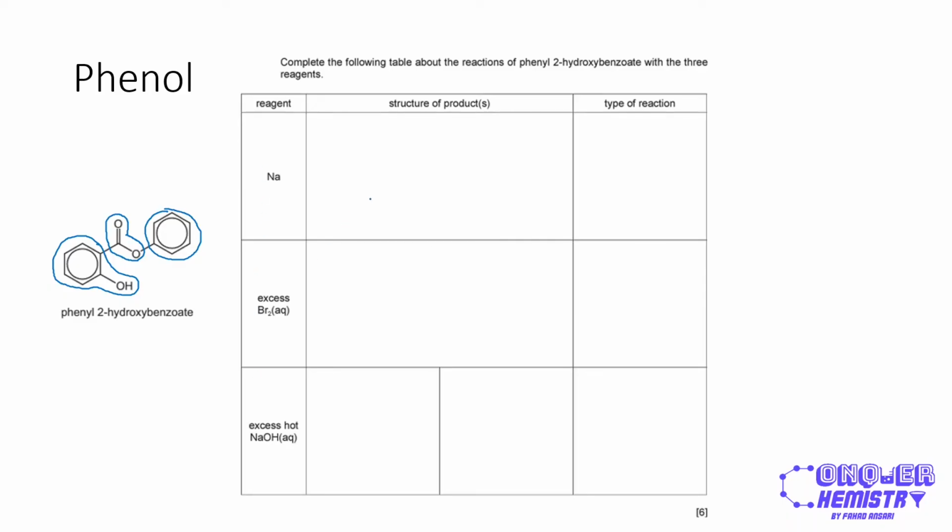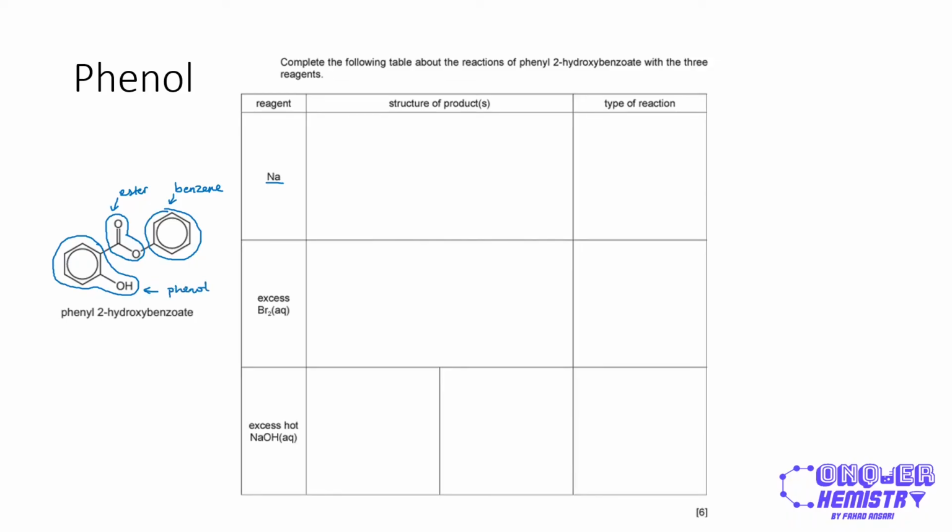So let's look at it. Sodium over here will react with only the phenol part, right? It will not react with the ester. It will not react with the benzene ring. This is the ester. This is the benzene ring. And this is the phenol functional group.